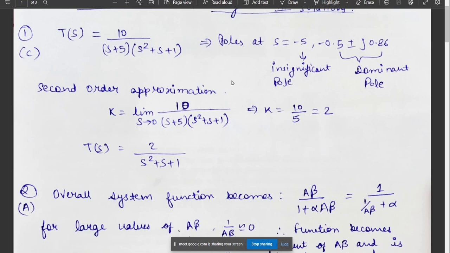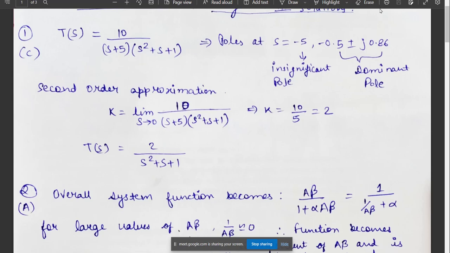Now for the second order approximation, we have to take the limit s tends to 0 on the transfer function, so that we find the value k. Using this we got 10 by 5 equals 2. The second order approximation will be k divided by the dominant pole quadratic.